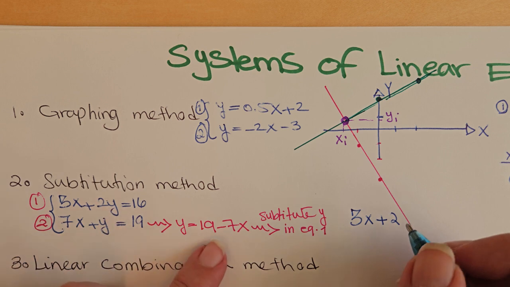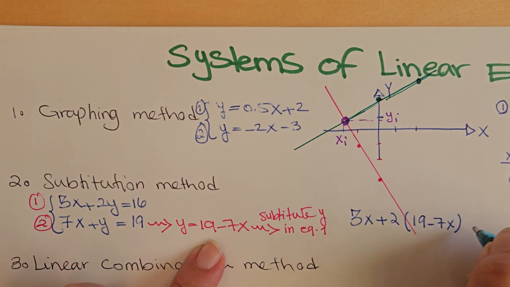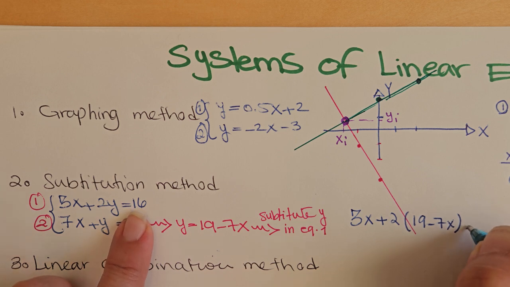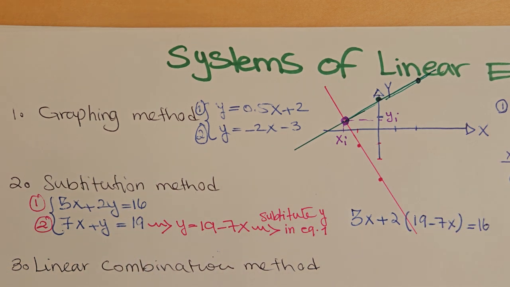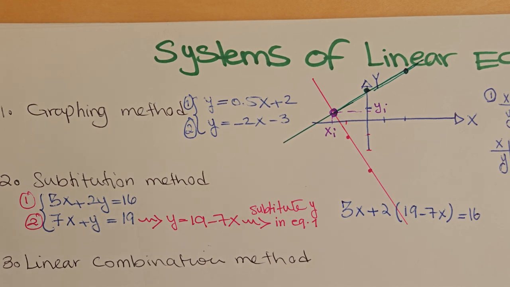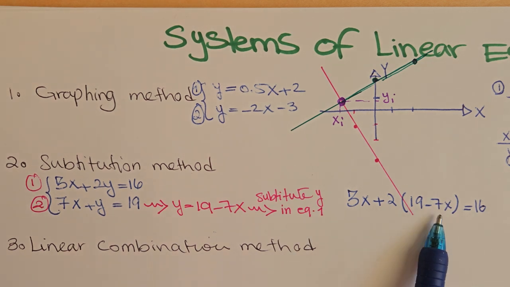But instead of y, I use 19 minus 7x, and then it equals 16. All right. And now let's add or subtract the like terms and simplify it. So I have 3x here and 38 here, and then minus 14x equals 16.